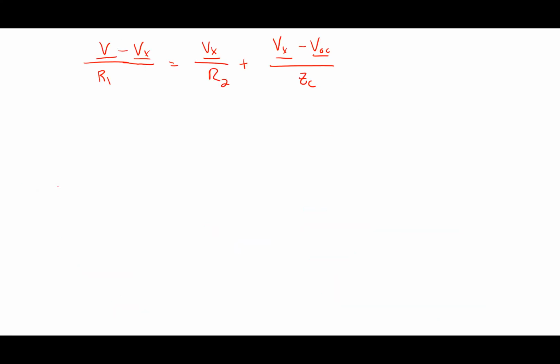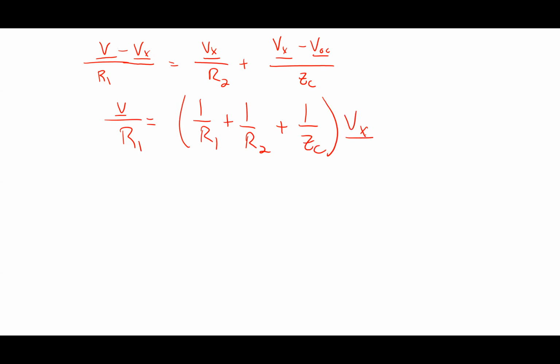So V over R1 equals 1 over R1 plus 1 over R2 plus 1 over Z sub C times Vx, plus, sorry, minus 1 over Z sub C times VOC.